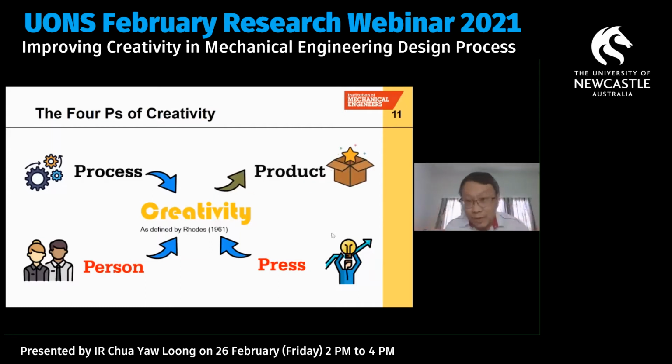This product can be creative in a way like songs, music, paintings, products, even systems or services. For engineering, we are basically looking at the first level, which is the process and the product.